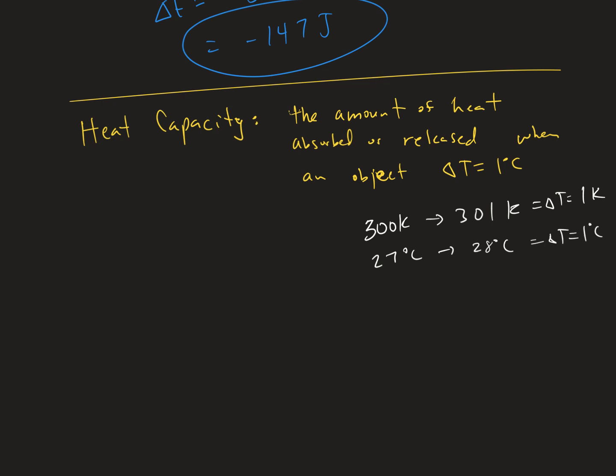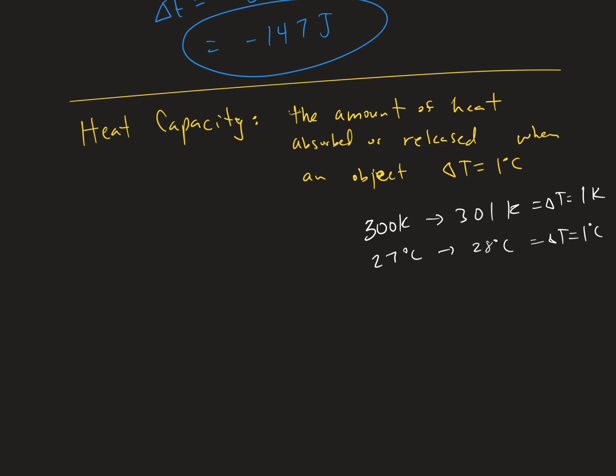Do you see how you can use either one for a change in? Because the increments are the same. But for our purposes, we don't have a thermometer that measures in Kelvin, so we're going to use degrees Celsius. Okay?